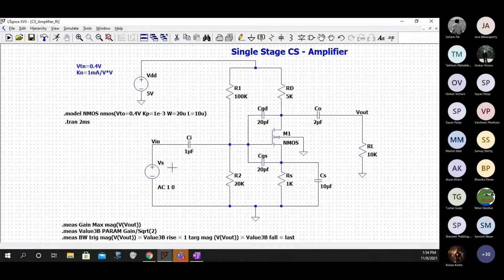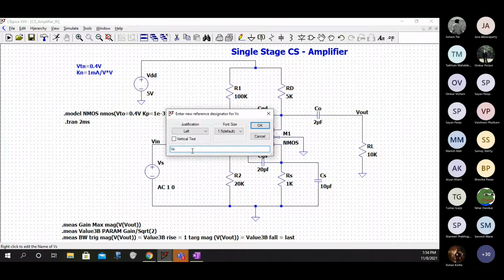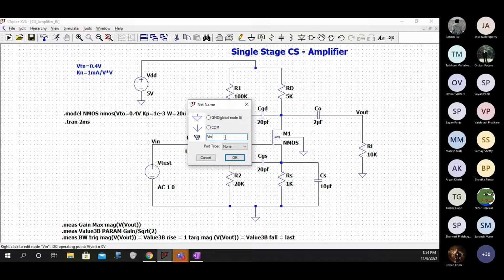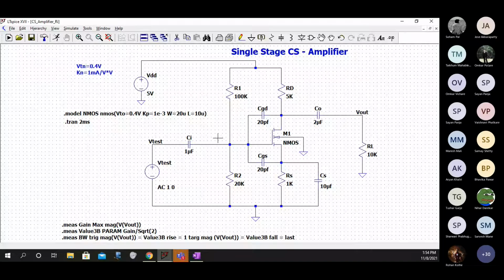And instead of Vs, I will write V test. What we do is we apply a test voltage source, right? And here instead of V in, I'll write V test. Now once you do this, what you are actually doing is applying a test voltage source, so a test current will flow through the input side, and now we want to measure the resistance.